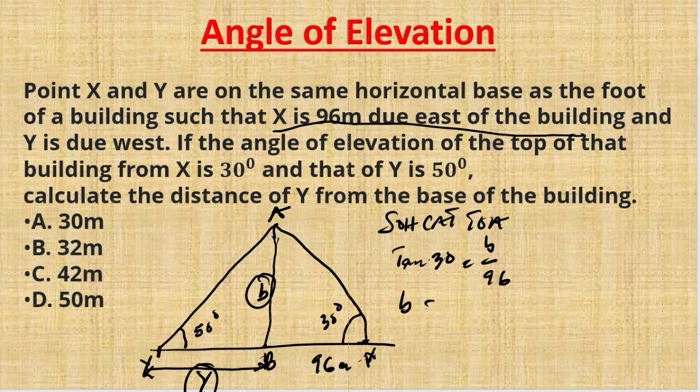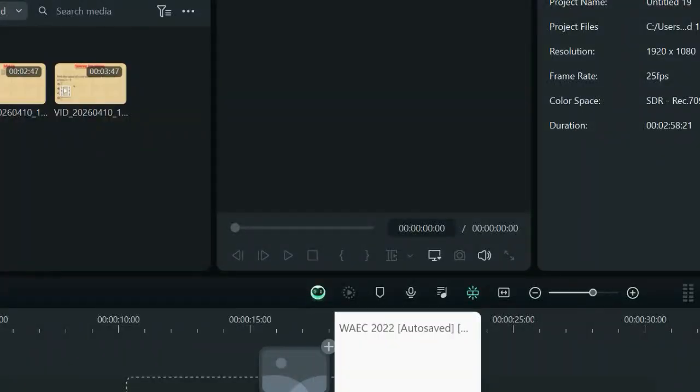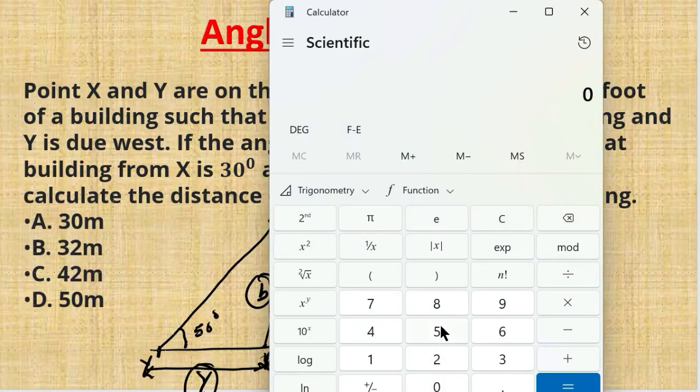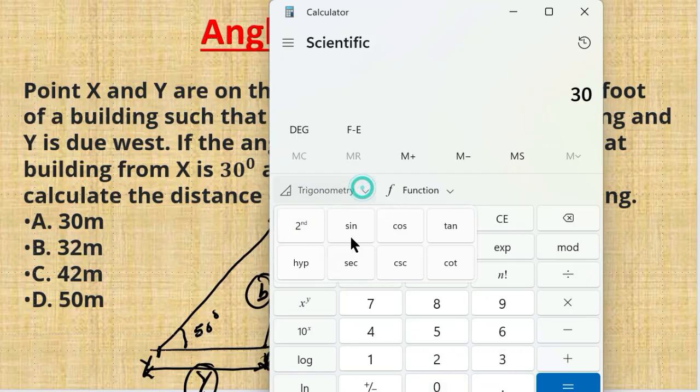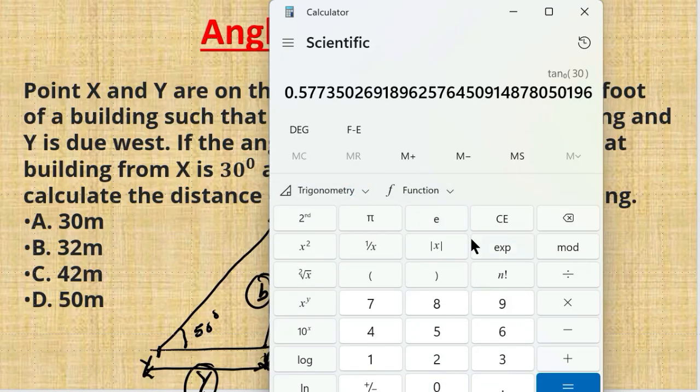So that B will be 96 tan 30. That will be equal to 96 times tan 30. Let's use my calculator. The tan of 30 is 0.5774, times 96.